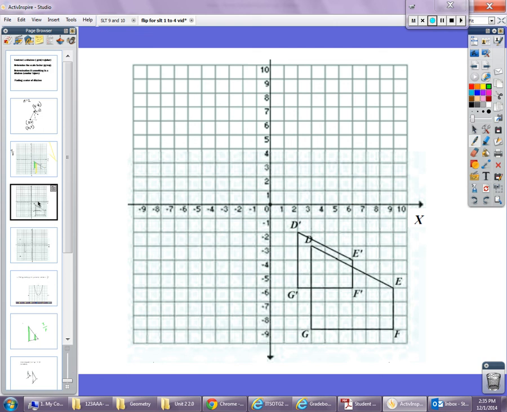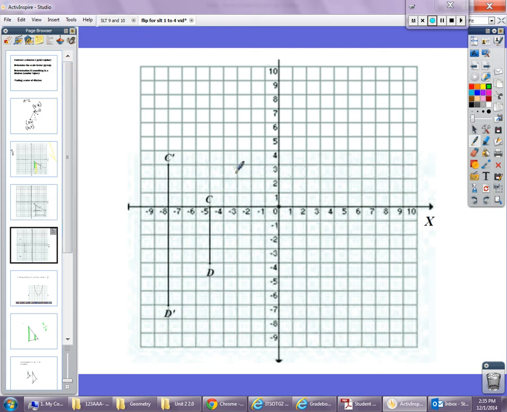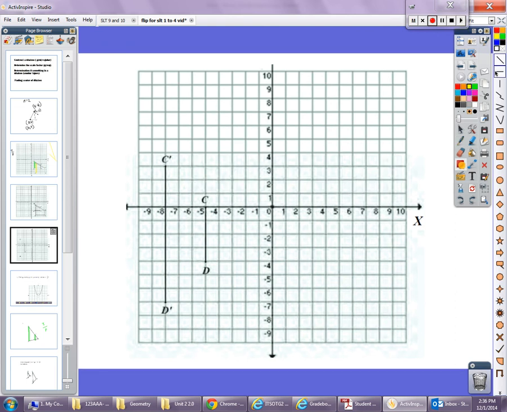The one thing that you've got to be careful of, though, is whether or not the center of dilation is 0, 0. So, for example, here you can see that if you put a line from C to C prime, and D to D prime, they don't actually connect at 0, 0.